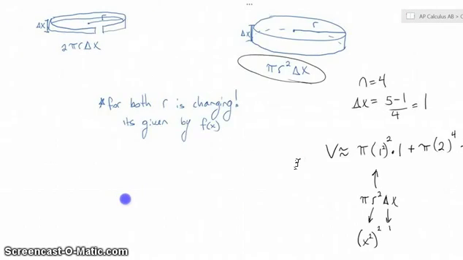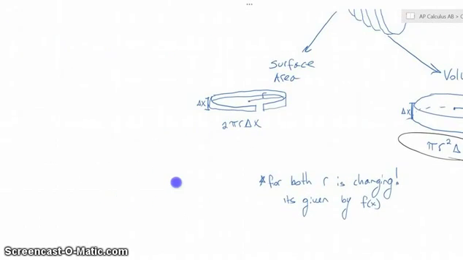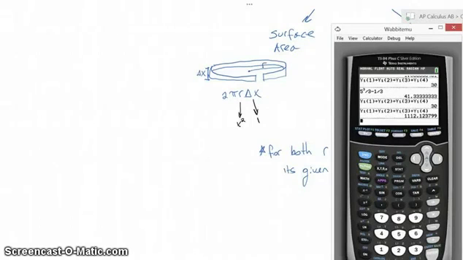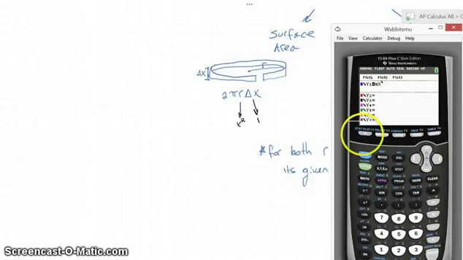We can do the same thing for the surface area. In this case, the surface area is given by 2 pi r delta x. And again, r is x squared, since that's our function, which gives the radius, and delta x is 1, based on the way we set up this problem. So we can plug that into the calculator. We're just going to change our expression for y1 now.